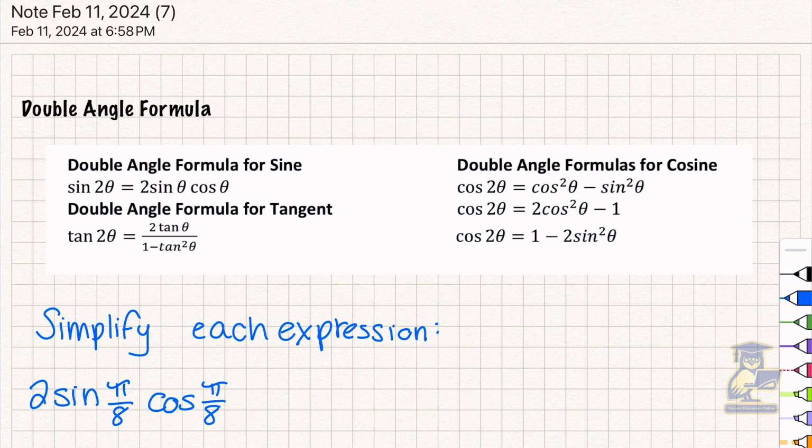We can use the double angle formulas of sine 2a, cos 2a, and tan 2a, or theta, to help us simplify expressions.